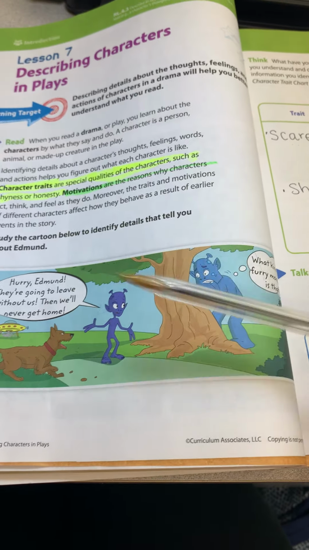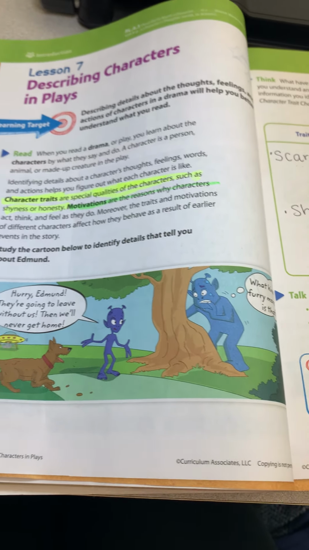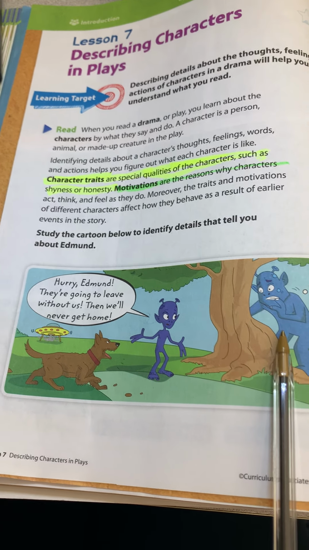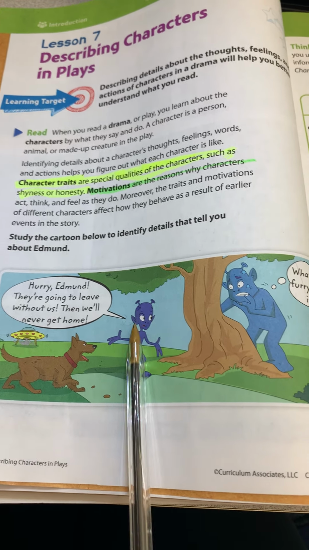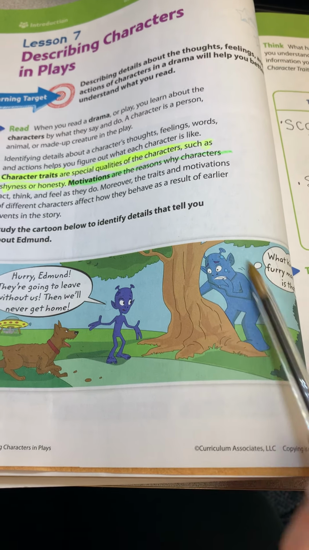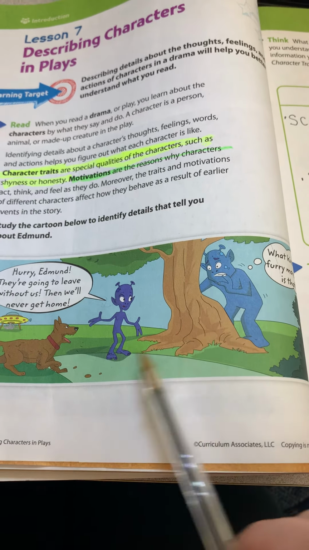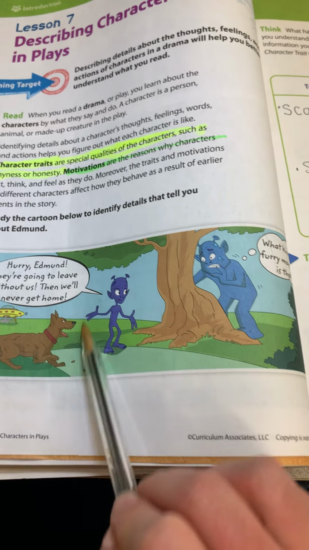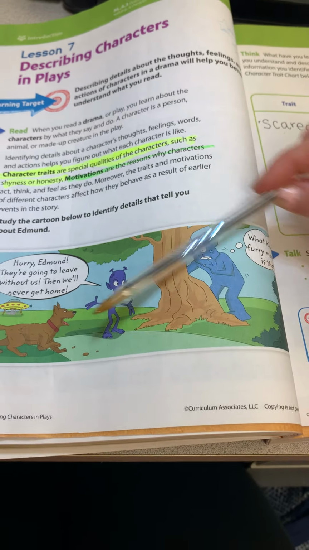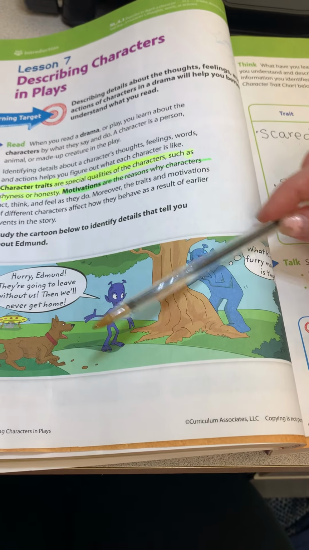My inferencing of this picture is that they're trying to go home, but he's too scared and he wants to leave and not get left behind. But he's just a little too scared to even move, and I would be too because that dog is scary. So using my traits, I'm trying to understand this better.